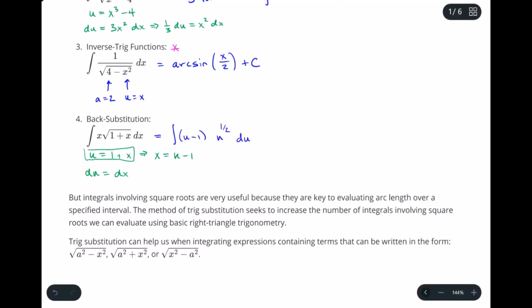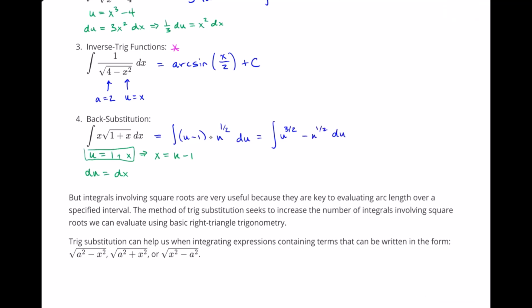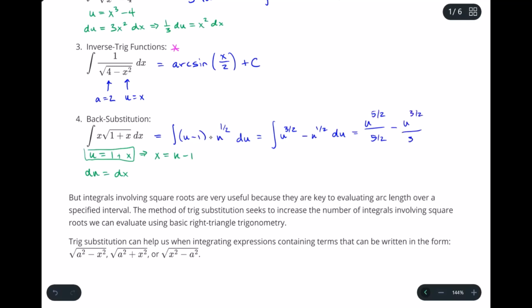But that allows me to substitute everything so that it's a function entirely of u. And if I distribute u to the 1/2 power, that would be u to the 3/2 minus u to the 1/2 du, for which I can integrate, and that would be adding 1 to 3/2 would be 5/2, so u to the 5/2 over 5/2 minus u to the 3/2 over 3/2 plus c.